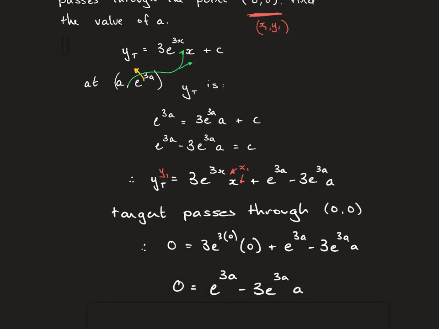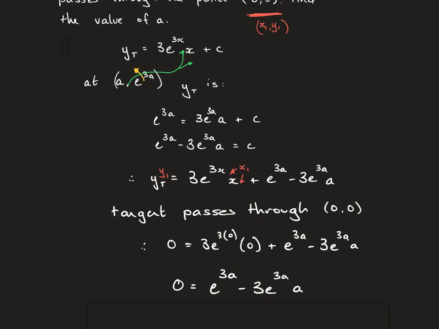And so when you substitute in 0 for the y and 0 for the x's, so a 0 here and 0's here, what we're left with is 0 is equal to this equation here.